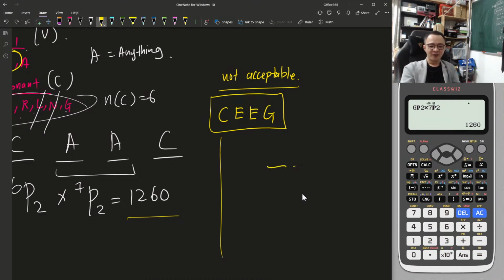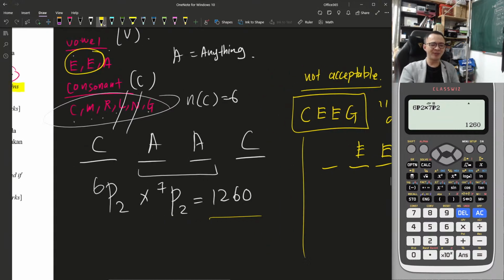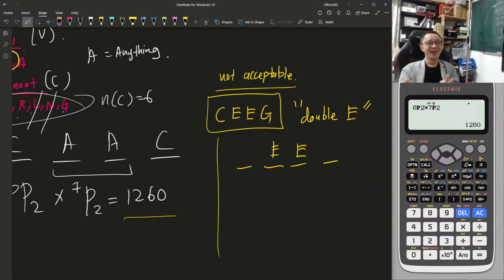So I have 4 letters here, and now I want to solve the double E problem. I will purposely put double E in the middle. I will not do 3 choose 2 here, because then maybe I could choose E and A, which is not what I want. So the two ends must be consonants as well. Consonants, we still have 6.